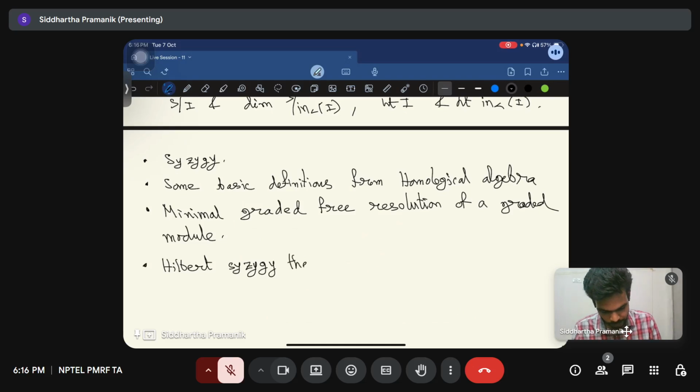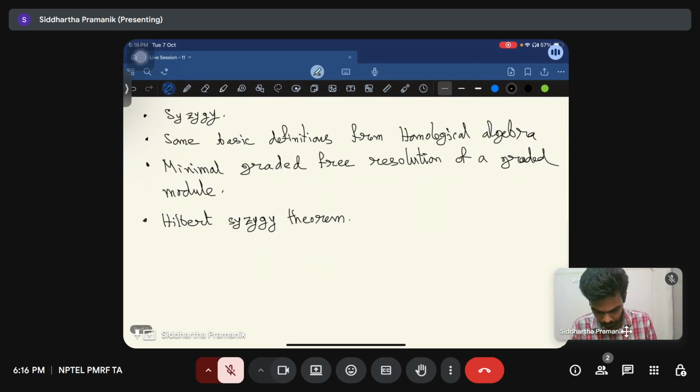So the Hilbert-Syzygy theorem. And after that, we have defined the graded Betti numbers.